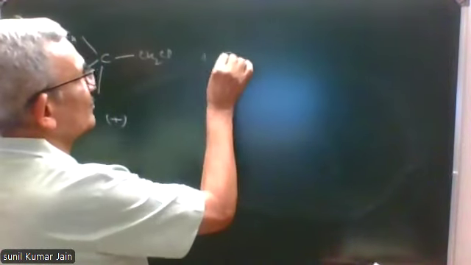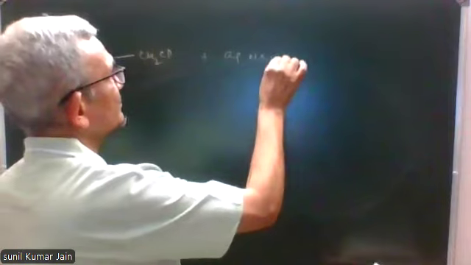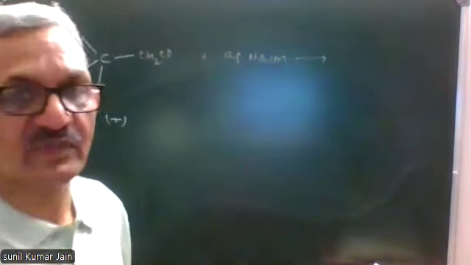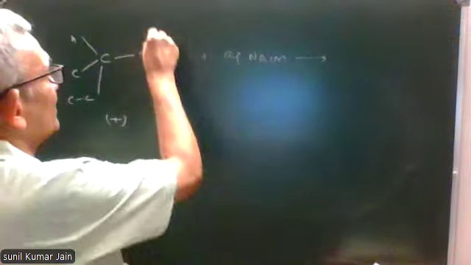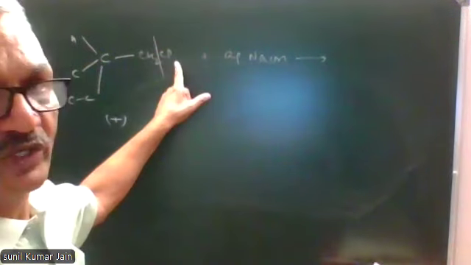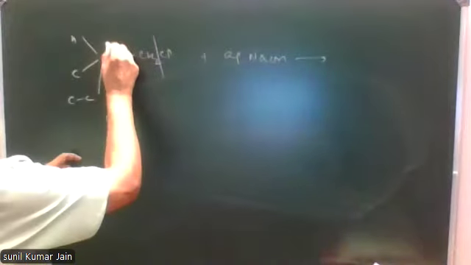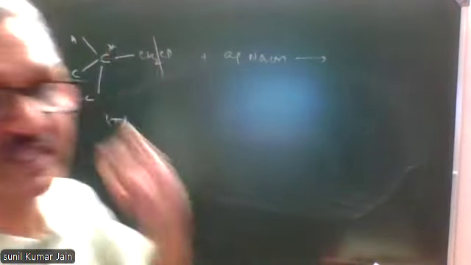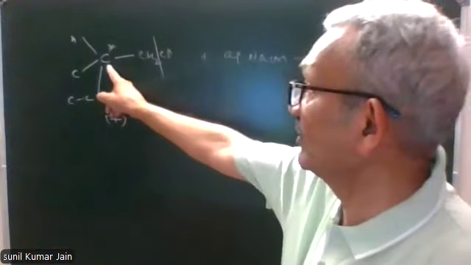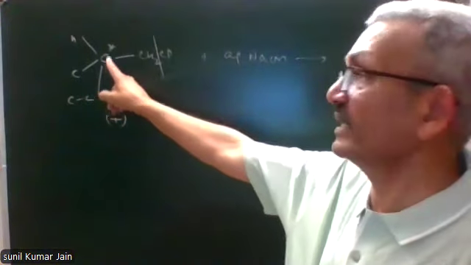Let us say it reacts with aqueous NaOH. When the reaction with aqueous NaOH takes place, this bond will break. Chlorine will be replaced by OH. It means during the reaction, the bond of the stereo center will not break.